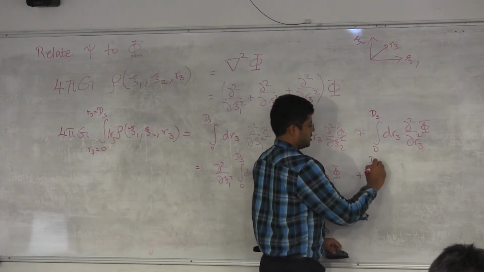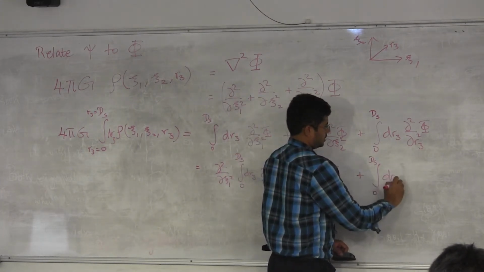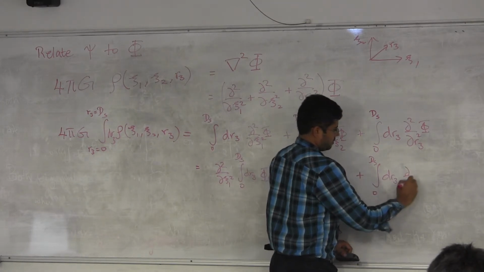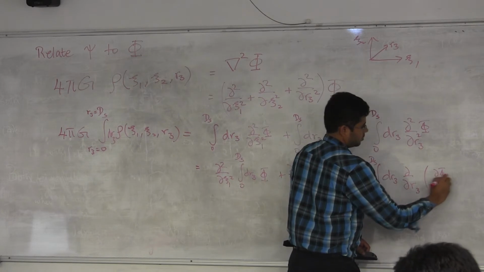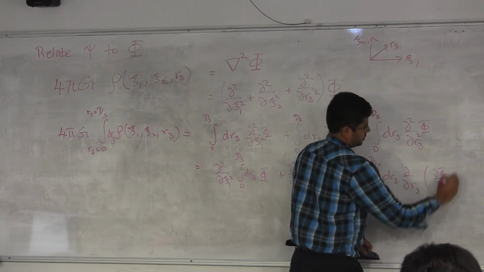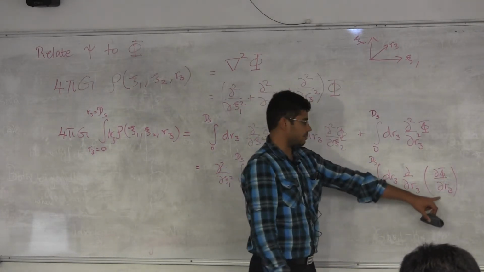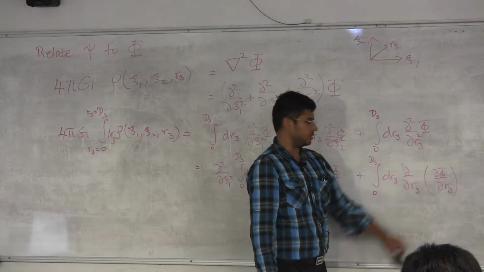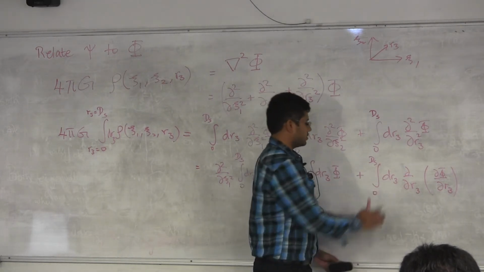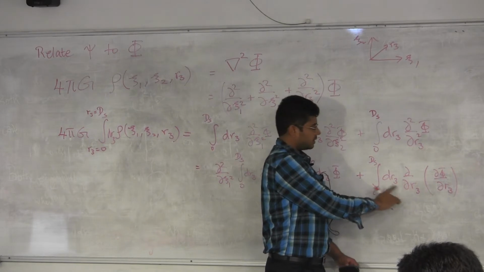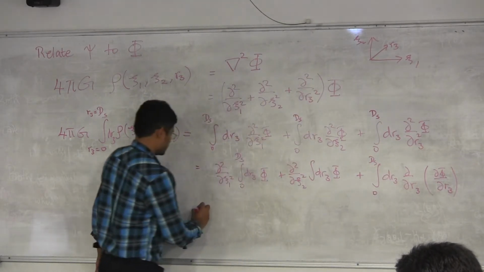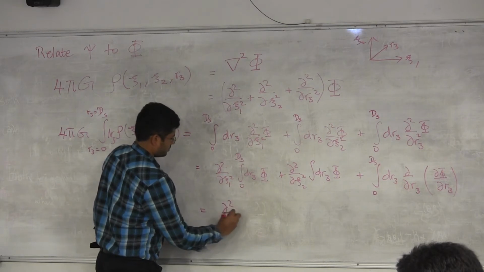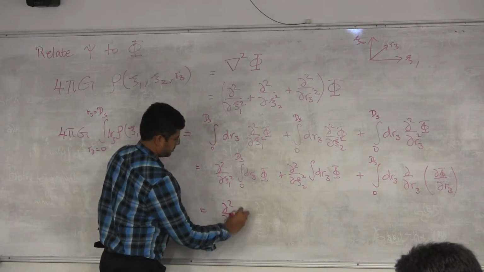Instead, I will write this as dr3 del by del r3 of some other quantity, which is the partial derivative of phi itself. So now I have dr3 and a d by dr3, so this will remain the same.